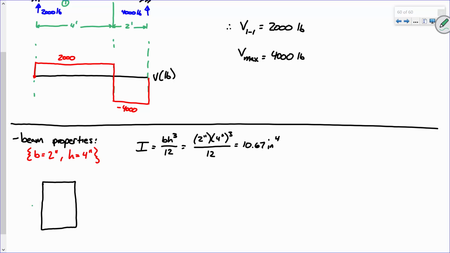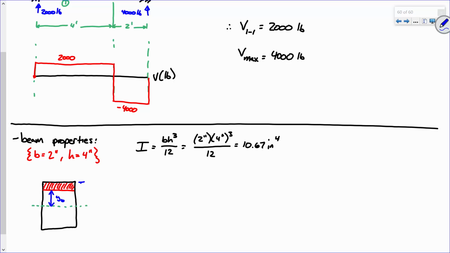So here's my centroid. This is our slice, remember, our slice above the section that's dy tall. This dimension is y naught.